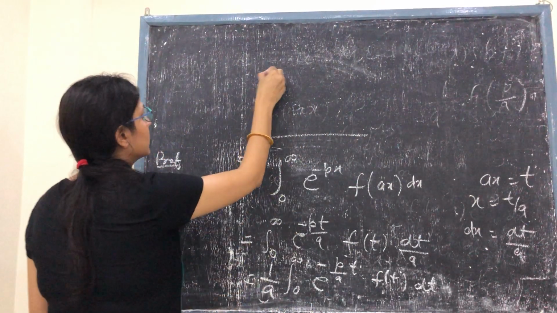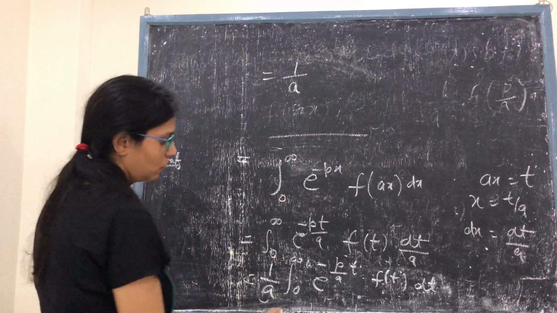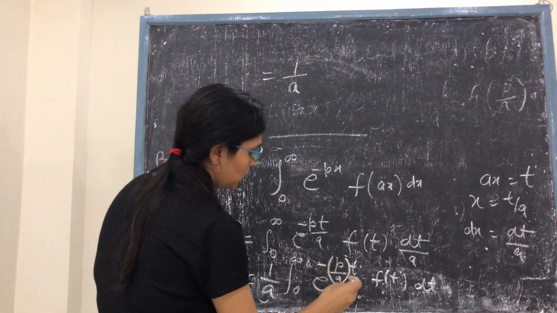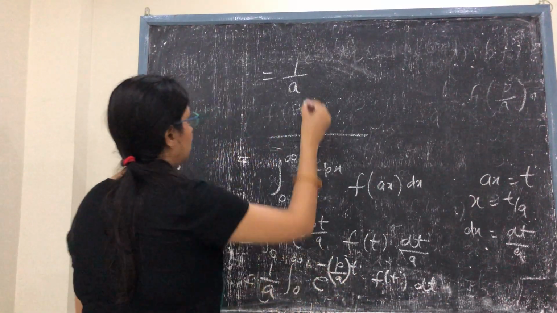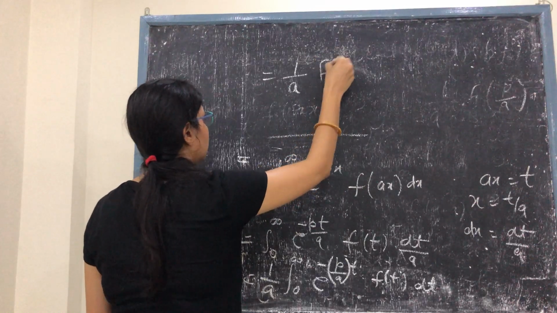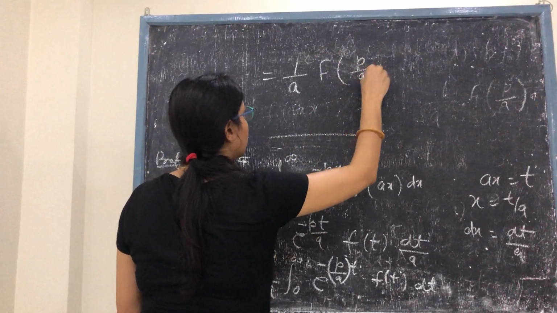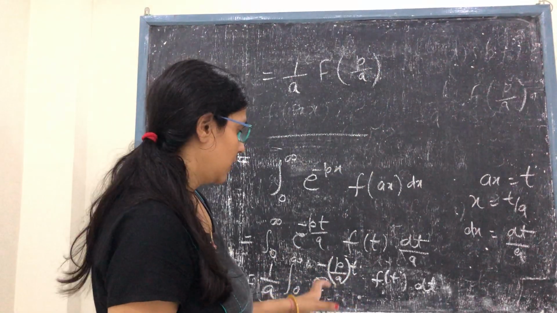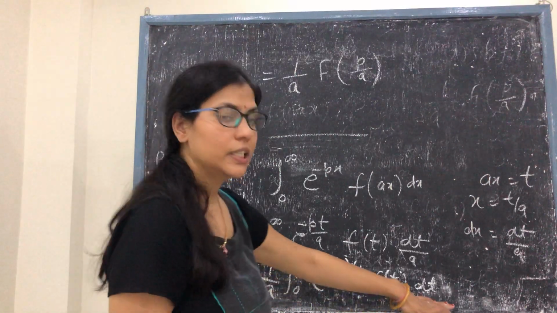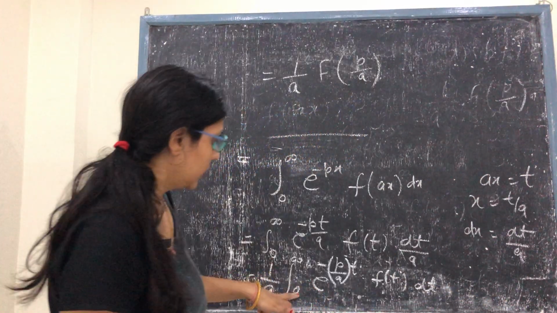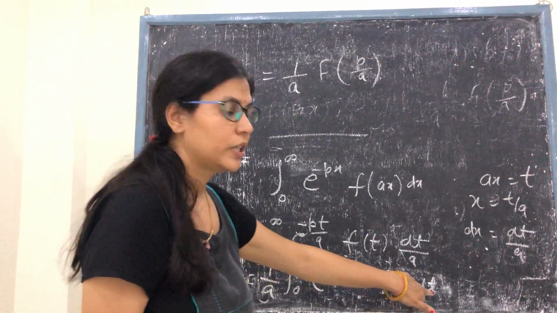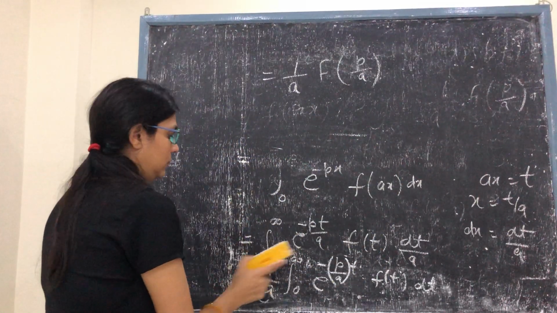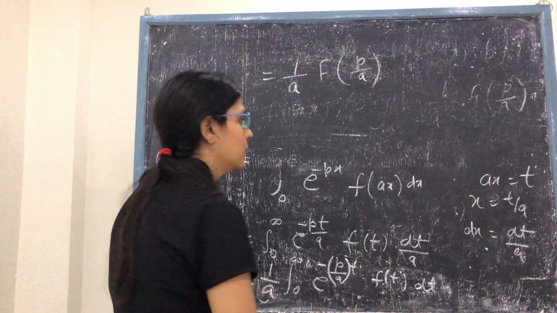This can be defined as the Laplace transformation with p replaced by p over a, since the integral of e to the power minus pt f of t dt is F of p. So e to the power minus p over a t f of t dt becomes F of p by a. This is our change of scale property. Thanks.